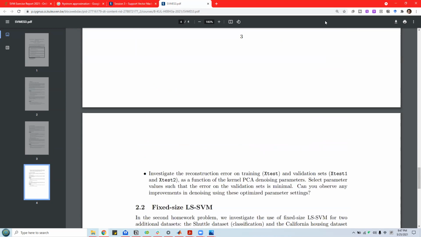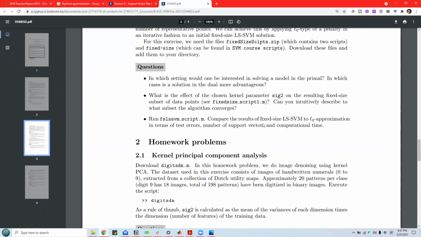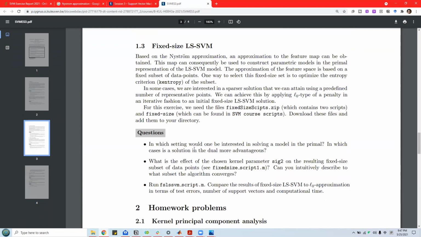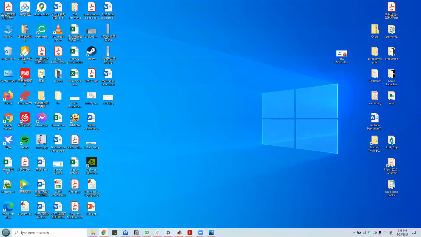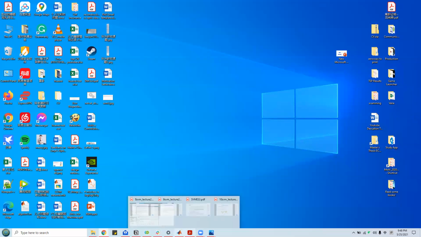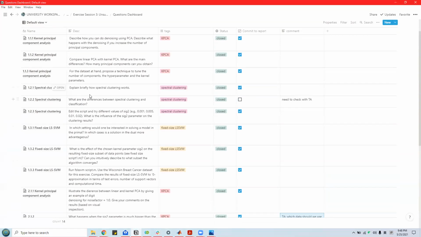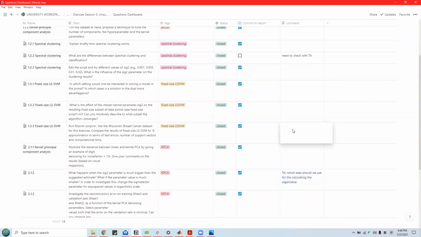Okay, one more thing to check with the TA for this. Okay, this is question 1.3. So let me check. So 1.3, fixed size, this one, which data set to use.